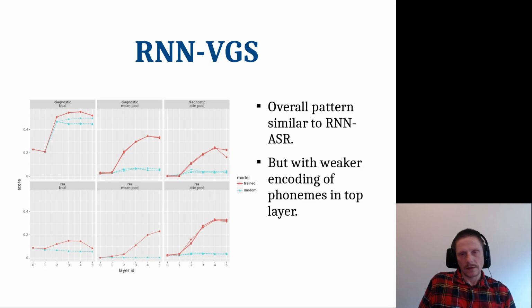So that is not unexpected in the sense that there are 2 different tasks, ASR and VGS, and VGS is a more high-level task in the sense that it needs to encode, at the top layers, some degree of visual semantics and not focus so much on the phonological form.